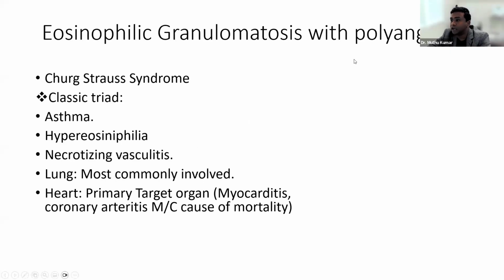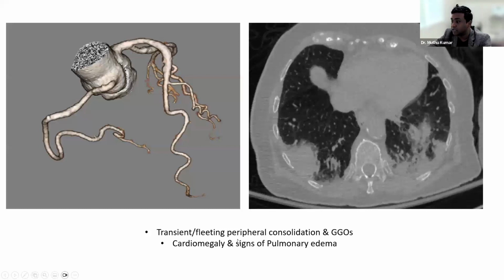So eGPA, also known as Churg-Strauss syndrome. These patients have a classic triad of asthma, hypereosinophilia, and necrotizing vasculitis. Lung is most commonly involved. In the heart, which is the primary target organ, the patient can have myocarditis. Coronary arteritis is the most common cause of mortality. And these patients, because of repeated inflammation, can develop focal stenosis and focal aneurysm, as we saw in our case.